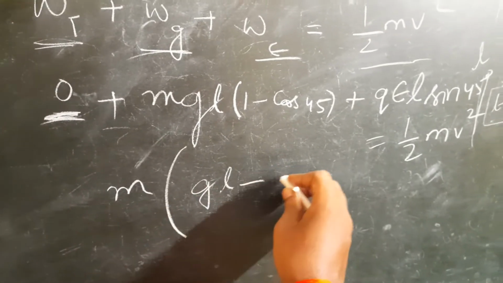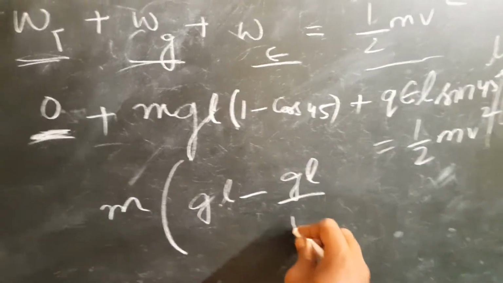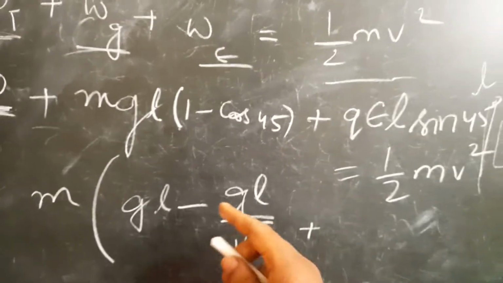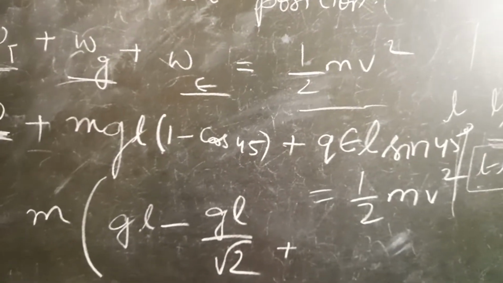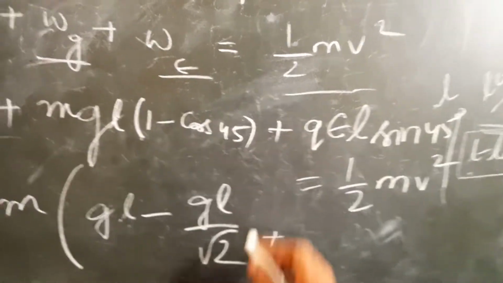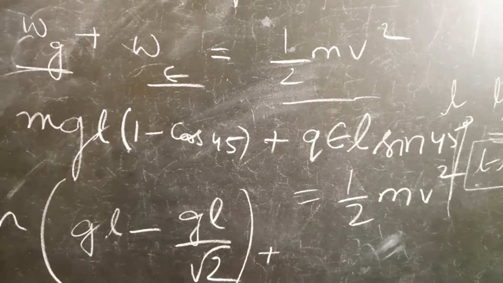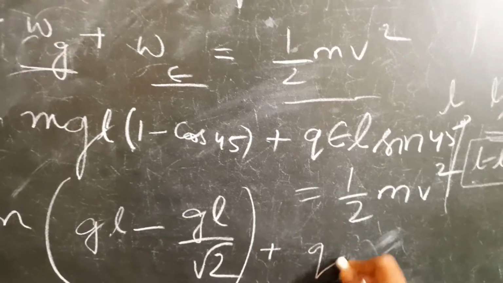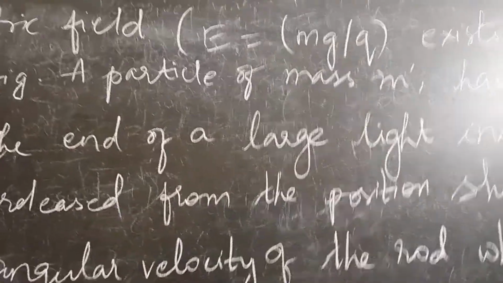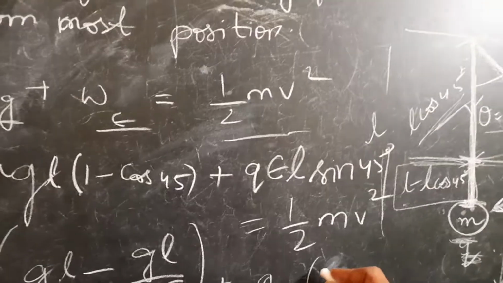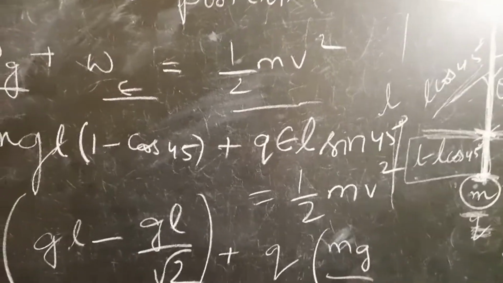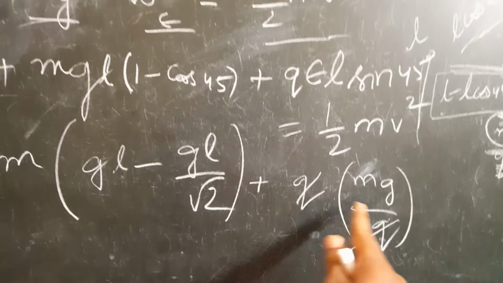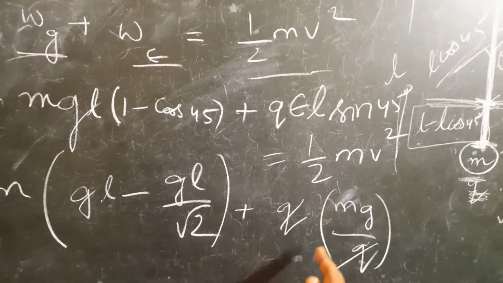So we get mgL minus mgL by root 2, because cos 45 is 1 by root 2, plus qE L sin 45. What's the value of E? From the question, E is mg by q. So q and q cancel, and we are left with mg, so it will be mgL sin 45.